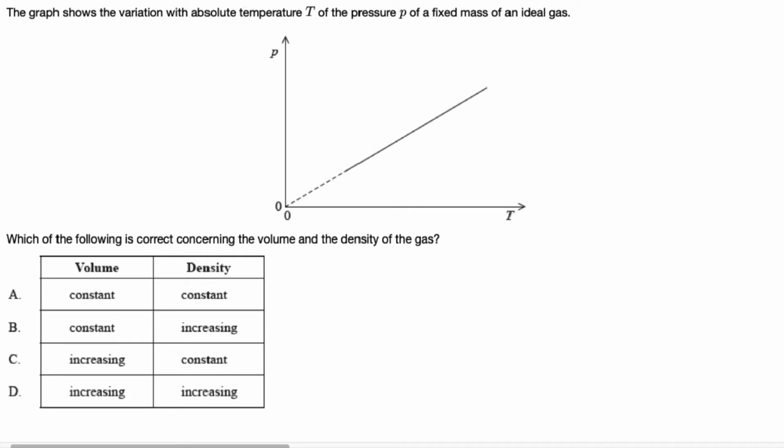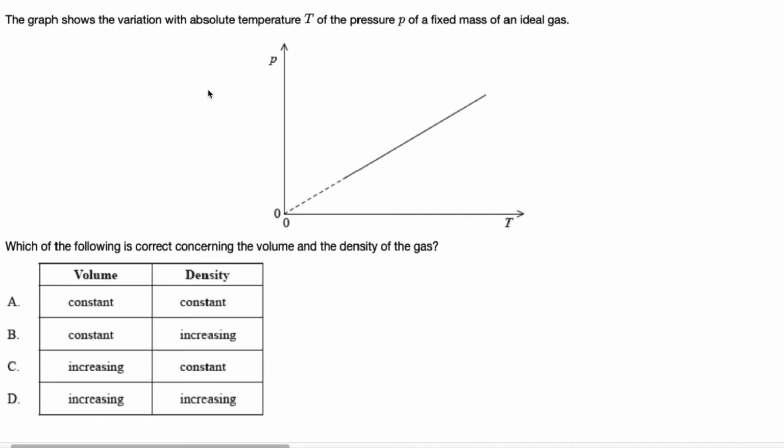The graph shows the variation of absolute temperature T with the pressure P of a fixed mass of an ideal gas. Which of the following is correct concerning the volume or density of the gas? So when you see a graph, think about two things. The first one is area, and the second one is gradient or slope.